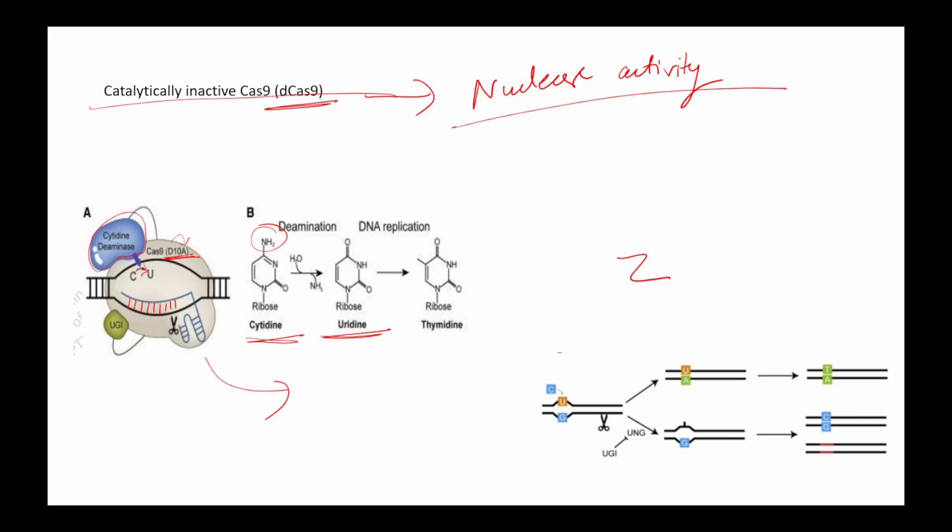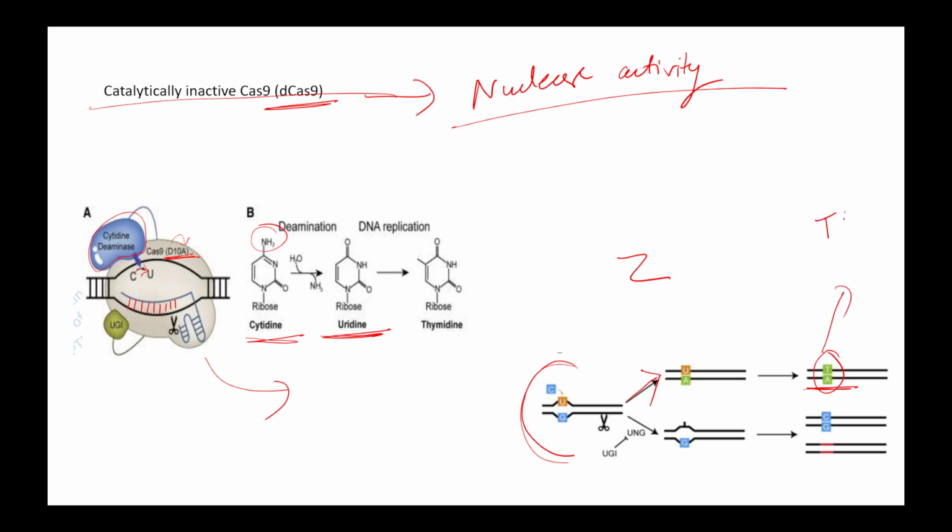And when it gets converted from C to U, in another round of DNA replication this particular DNA will be corrected by the mismatch repair machinery, so that the U-A pairing will be converted to T-A. So now the original C-G pairing has been converted to T-A pairing, which can cause a point mutation.